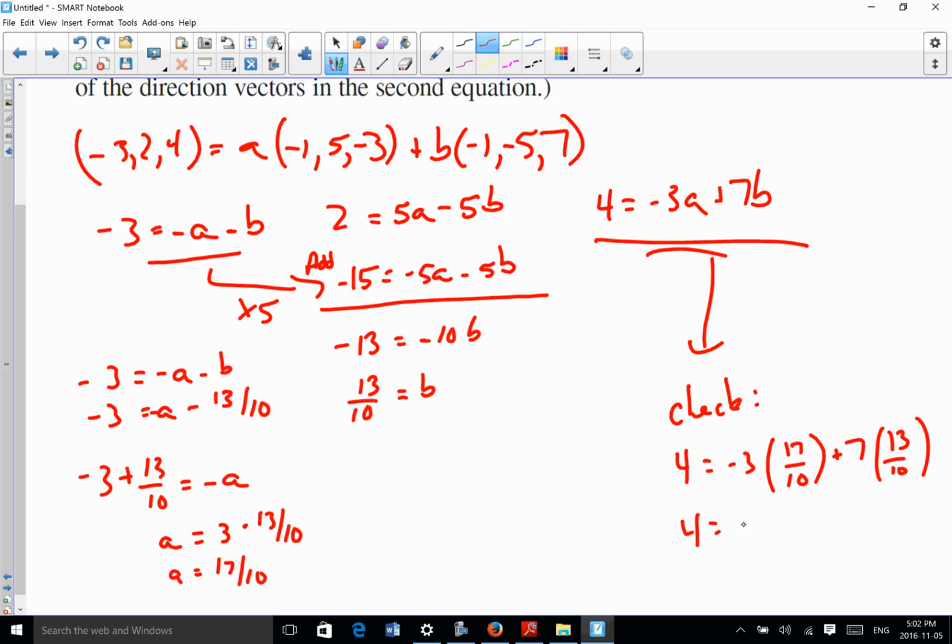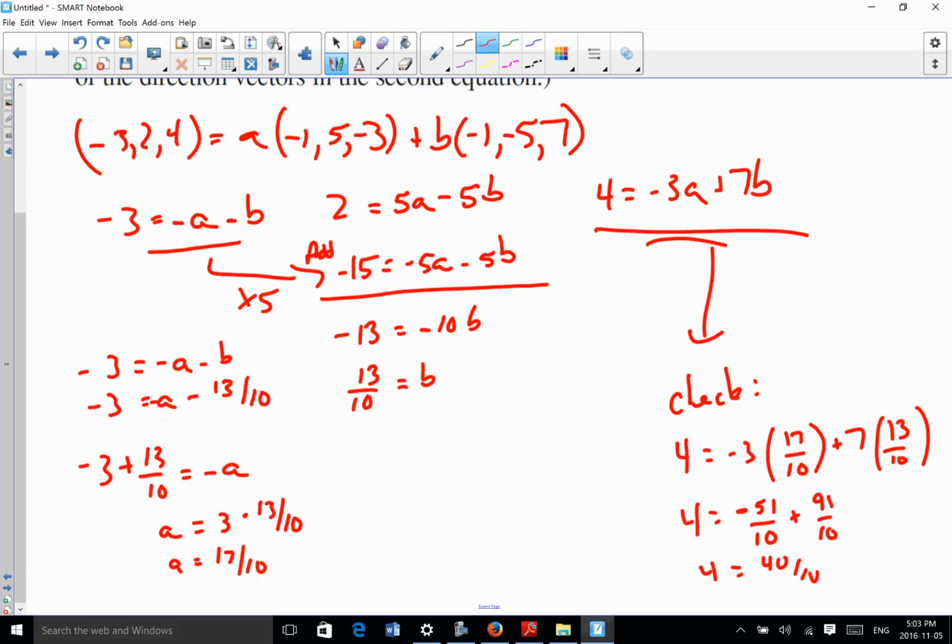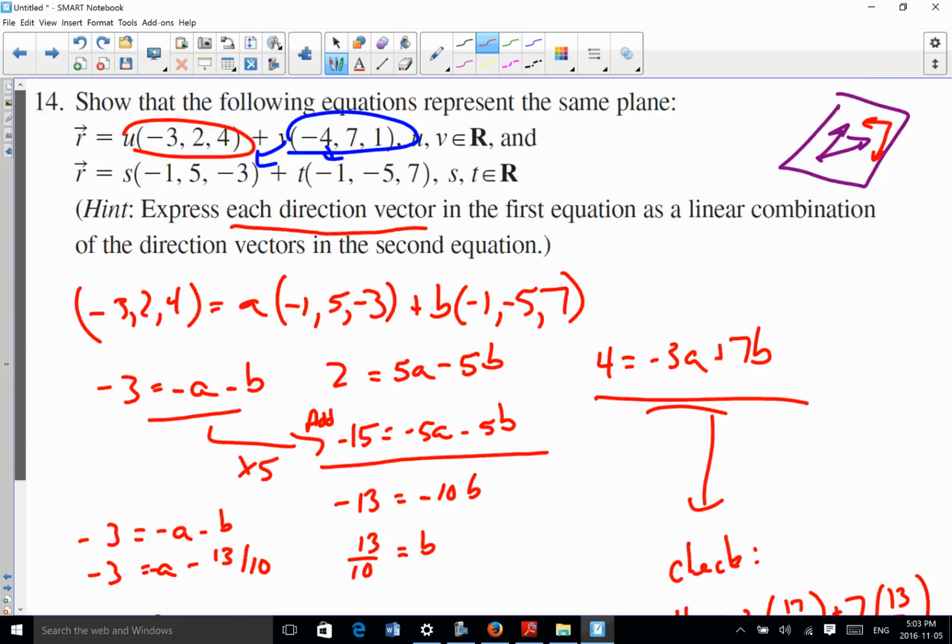We'll get negative 51 over 10, and 7 times 13 is 91 over 10. So we end up with 40 over 10, which is just the number 4. So we've proven that u up here is a combination of s and t. So definitely that vector lies in the same plane as the second equation.